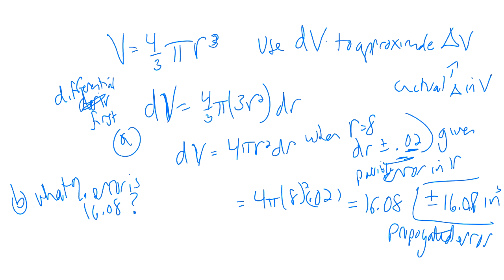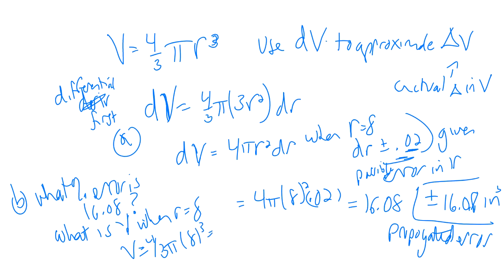But if I look at the volume, I'm going to need the volume when r is 8. That's going to be 4/3 pi times 8 cubed, which is 804.25.